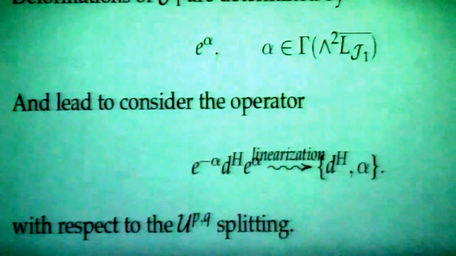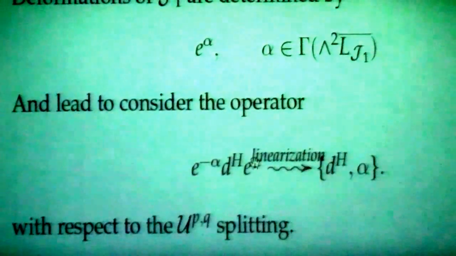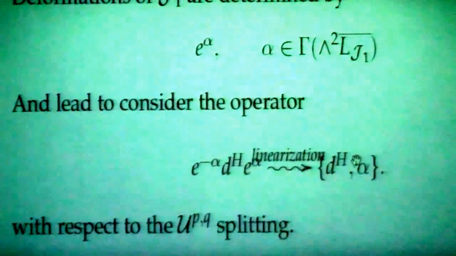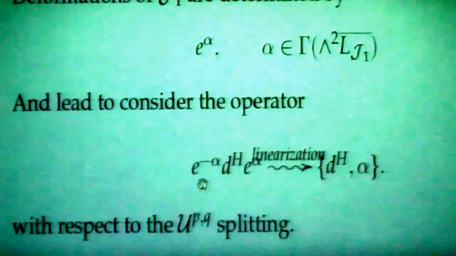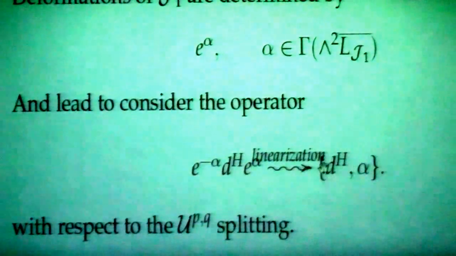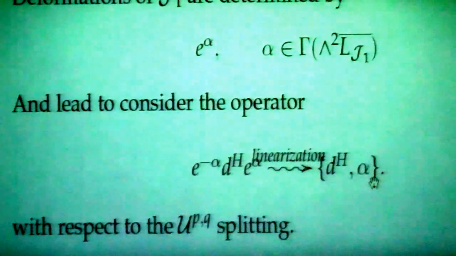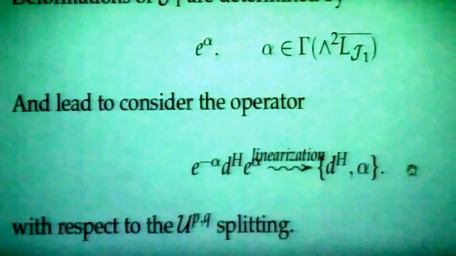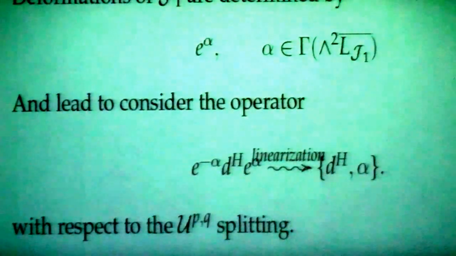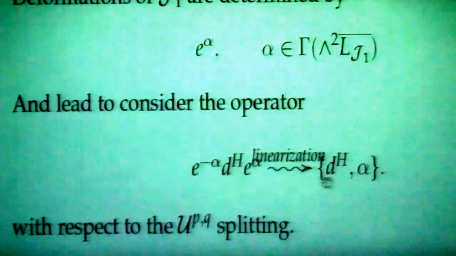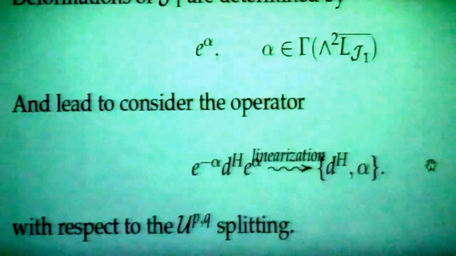I can just look at time zero for the decomposition of forms, and the price I'm paying is that I'm twisting my differential operator that gives me integrability. And if you look at something like this and you linearize, the first order term would be really just the commutator of dh and alpha. And of course there are more terms that you have to deal with, and if you want to see how it's dealt with, you just read the paper. But at least as far as linearization, that gives us a good idea of what's going on here.